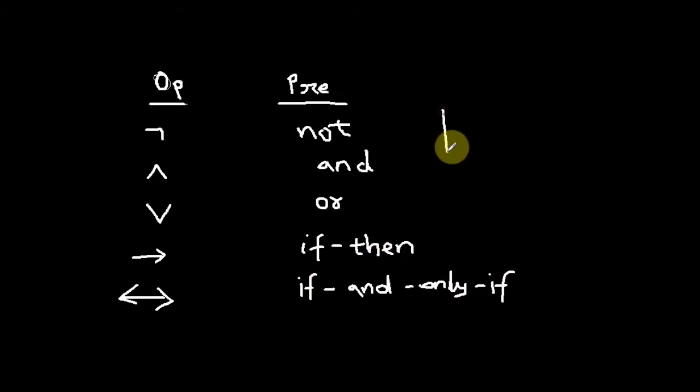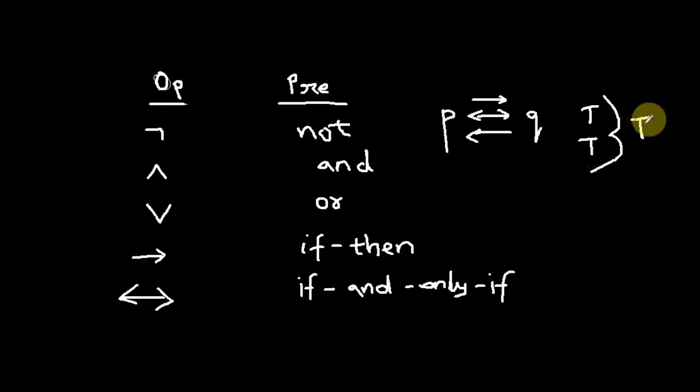For example, if I am given P biconditional Q, if this is true in the direction P implies Q, and similarly if it is true in Q implies P also, if it is true in both directions, the statement will be true.